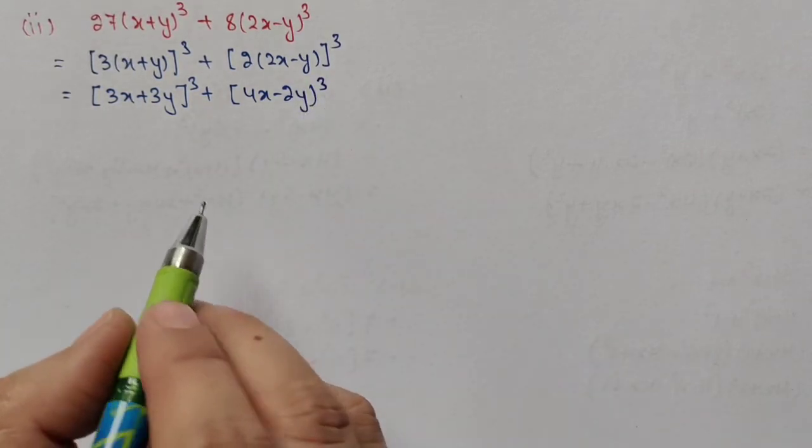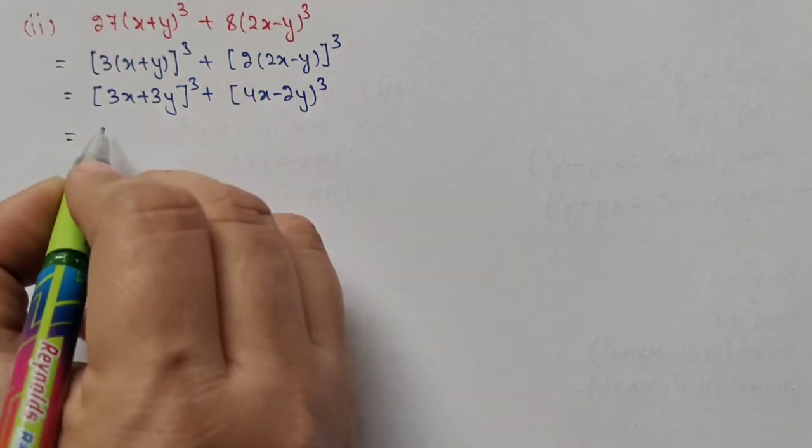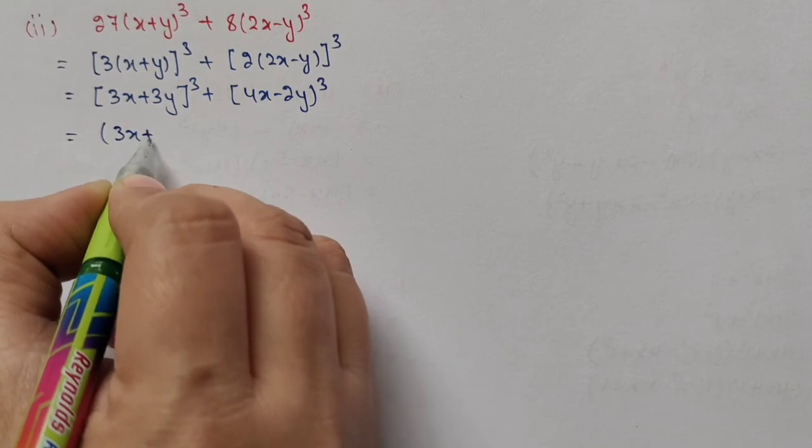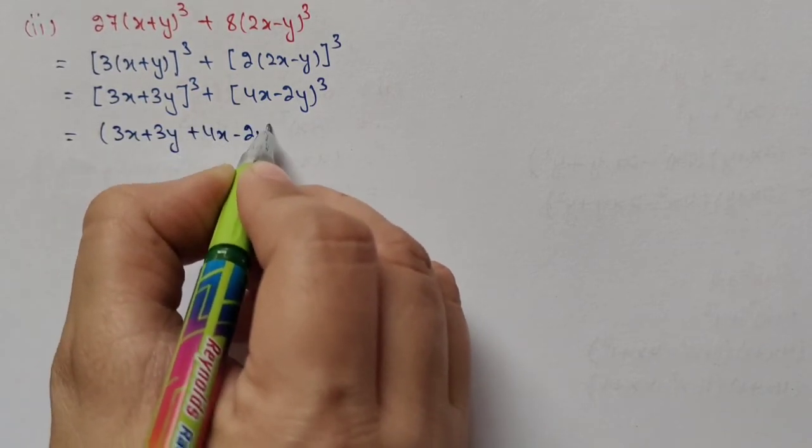Now we can apply the formula a³ + b³, which is (a + b), meaning (3x + 3y + 4x − 2y).